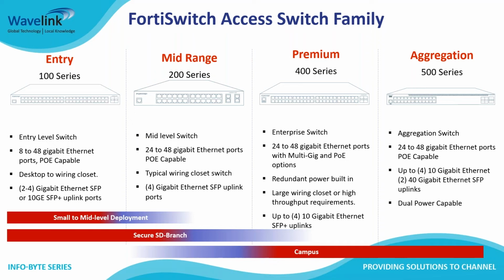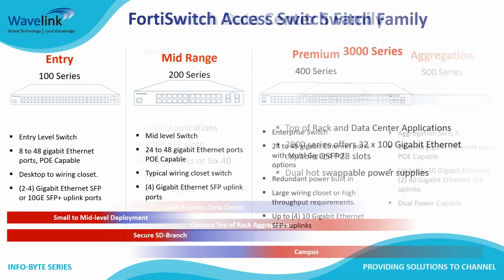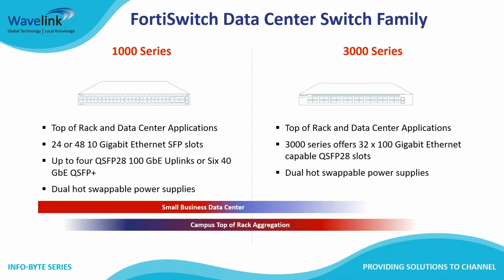That's the smallest switch that supports 10 gig uplink ports. So all the other, I think except for the 200 series, all the other switches have 10 gig uplinks, right? Yeah, so moving on to the data center switch family, we have the 1000 and the 3000 series.